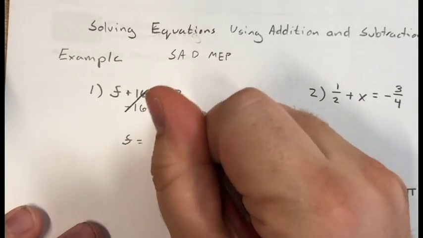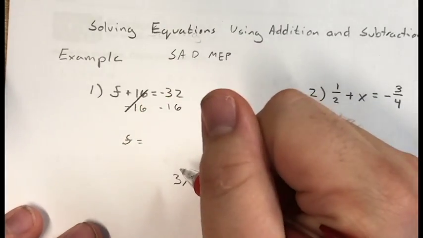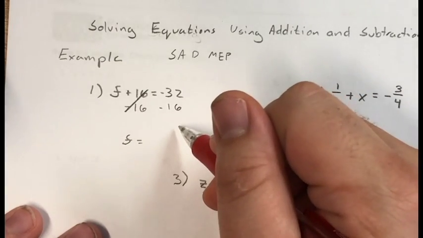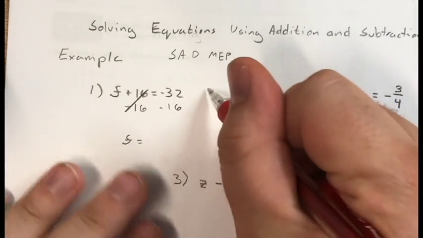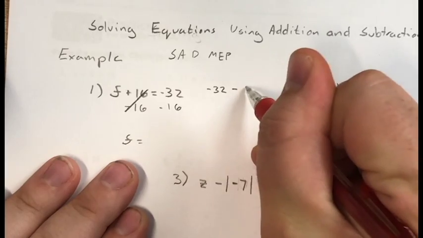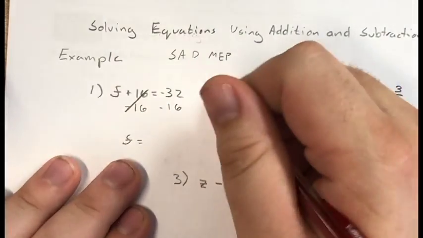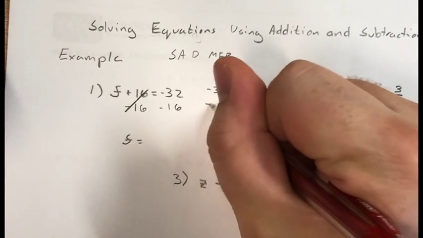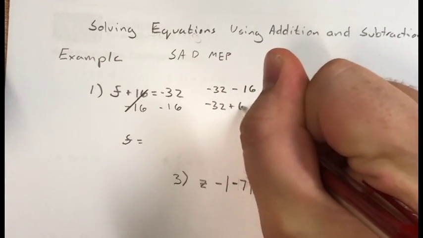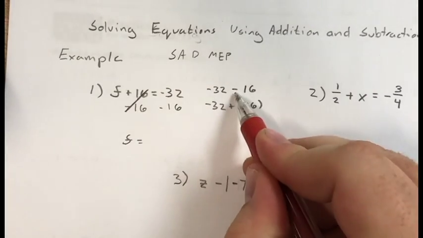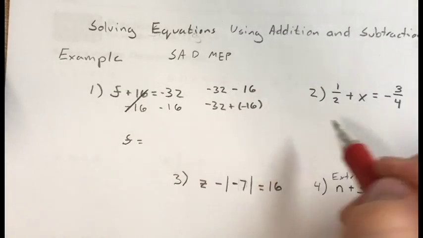And now I have -32 minus 16. Well, I can do some math, but we can also review our addition of integers. So we would say -32 plus a -16, because I keep, change, change.